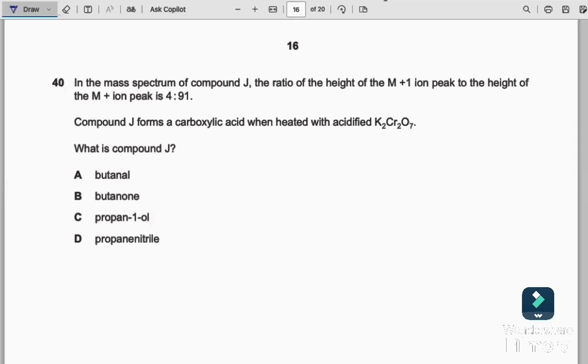In the mass spectrum of a compound J, the ratio of the height of the M+1 ion peak to the height of the M ion peak is 4 to 91. Compound J forms a carboxylic acid when heated with acidified potassium dichromate. What is compound J?